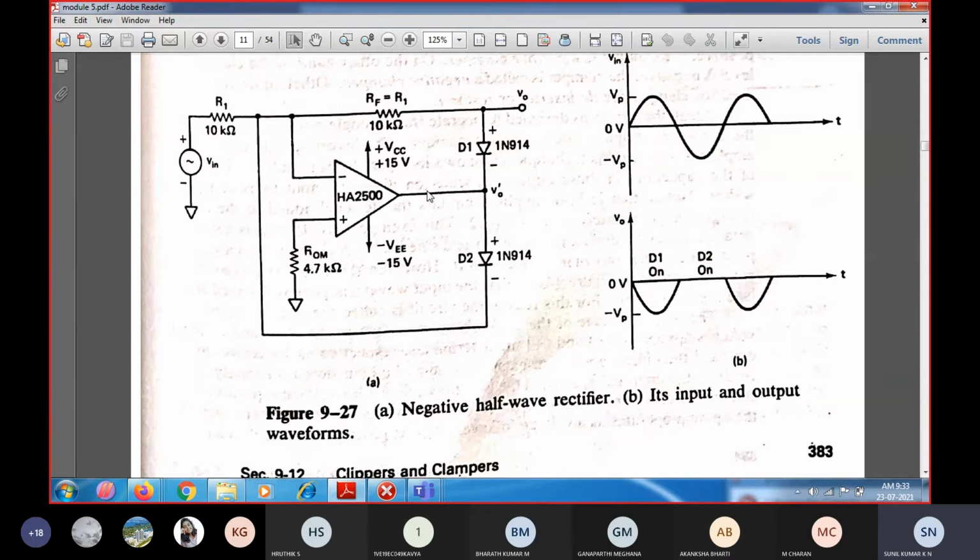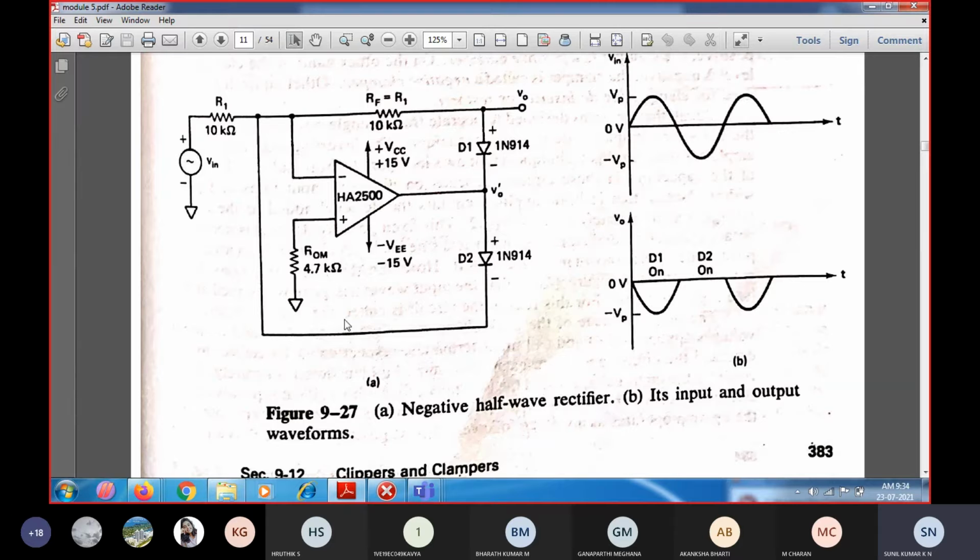Whenever the output is negative going, in these two diodes we can see one diode D1 will be forward biased and D2 will be reverse biased, since the output of the op amp is going in the negative direction, that forward biases the diode D1, whereas it reverse biases the diode D2.